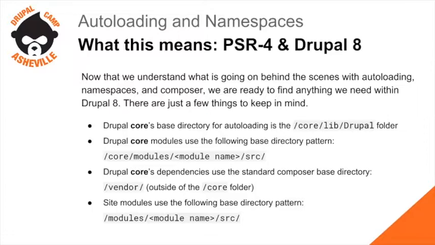Is WordPress? No. In Drupal 7, you could autoload stuff if you wrote it yourself. In Drupal 8, since they did a complete rewrite, they said from the ground up, we're going to adhere to the standard.